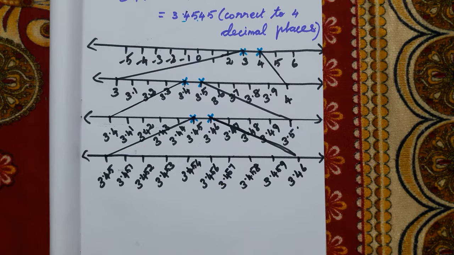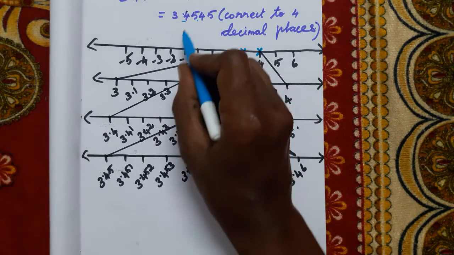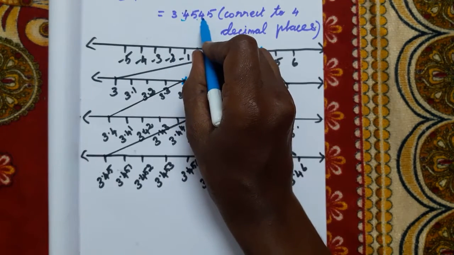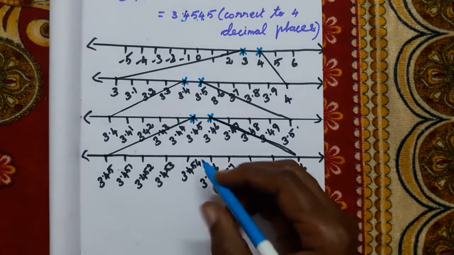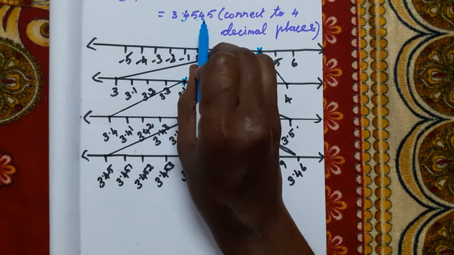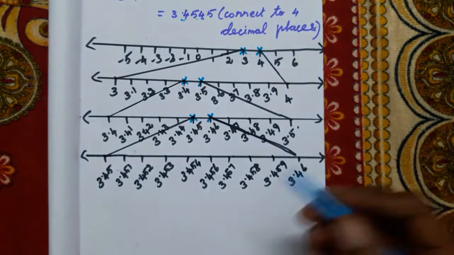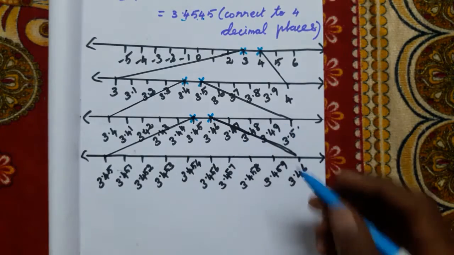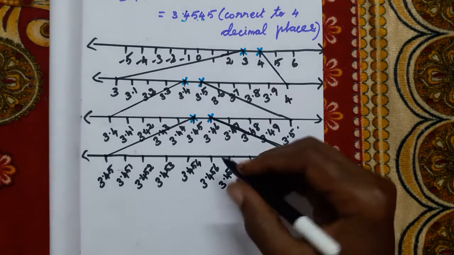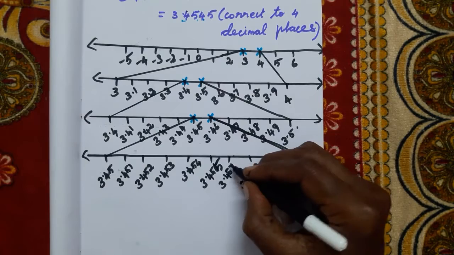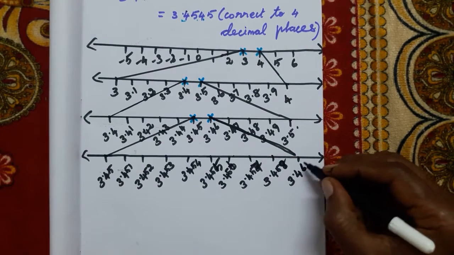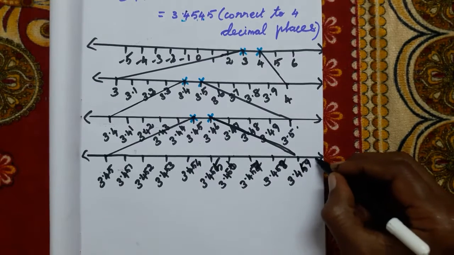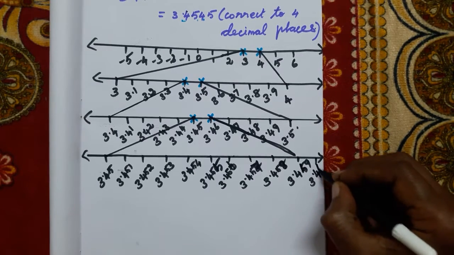Next, these numbers are between 3.454 and 3.455. After 3.455 come 3.456, 3.457, 3.458, 3.459, and 3.46.